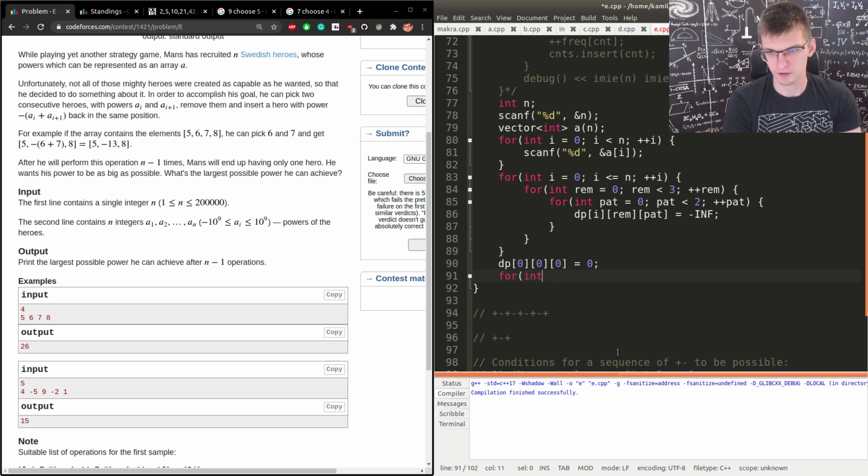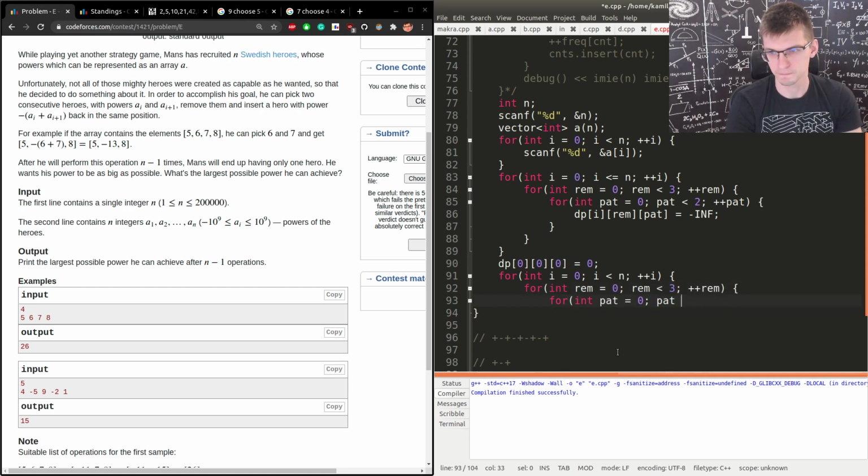Okay, now go through that. I cannot type. Pattern is a Boolean value, whether the pattern plus minus so far is true.